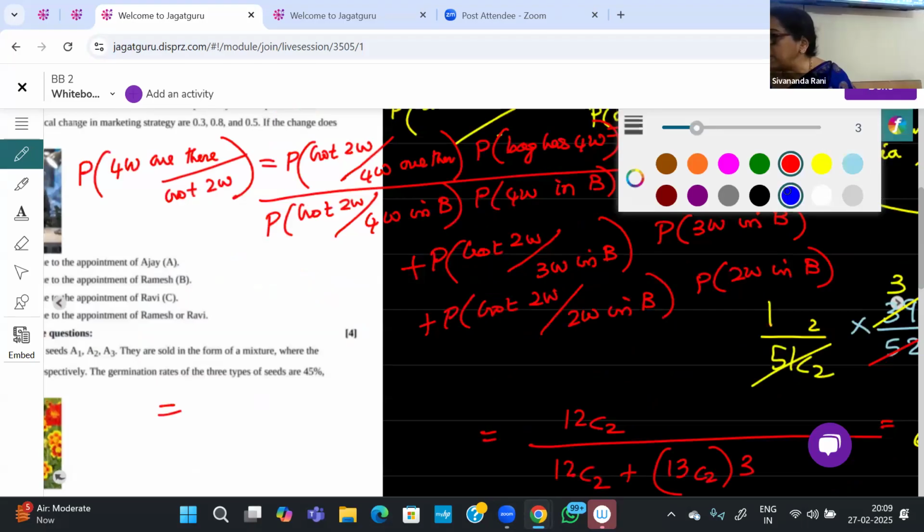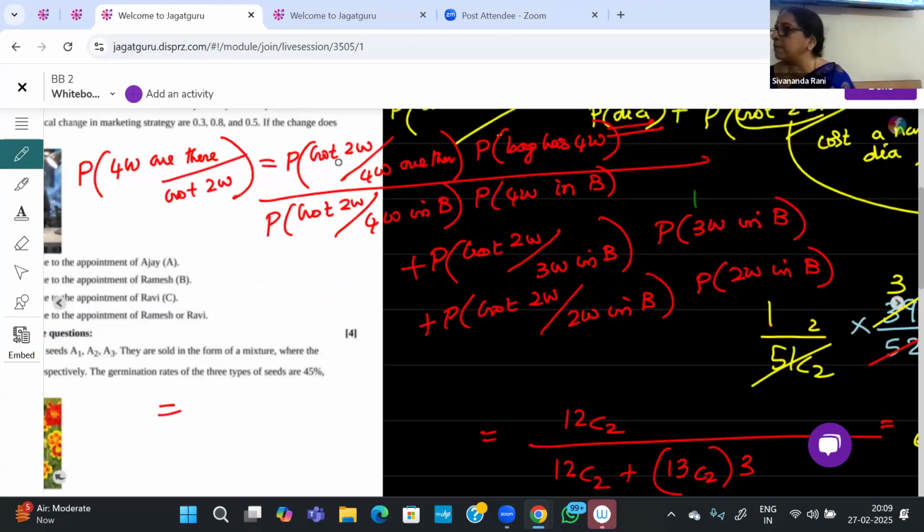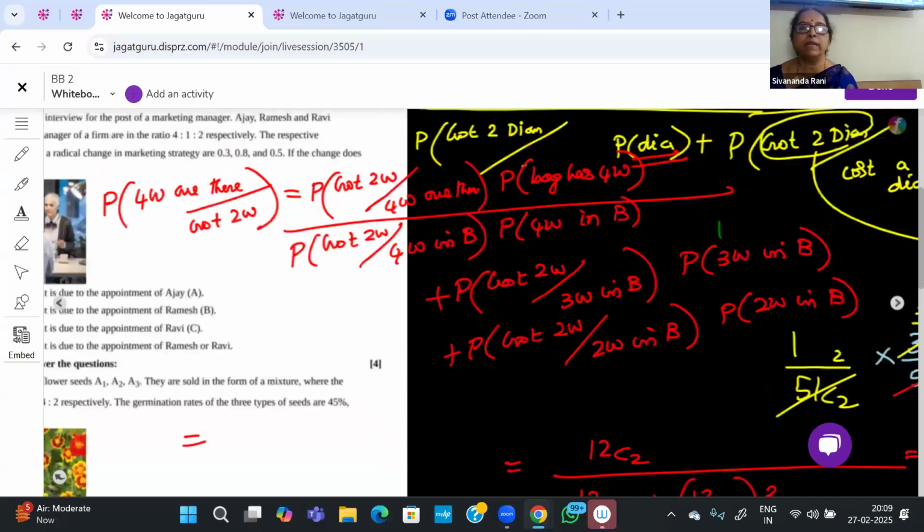Can you just tell me quickly what are these probabilities? What is the probability for you to get 2 white when there are 4 whites? How many are you drawing? 2. Okay, how many are there totally? 4 whites are there. So what is the probability for you to get 2 white when there are 4 whites?